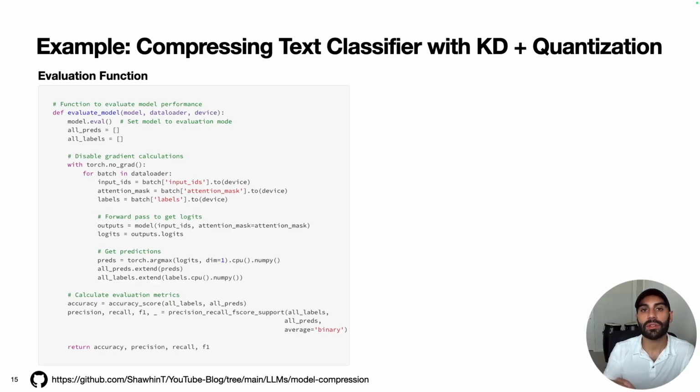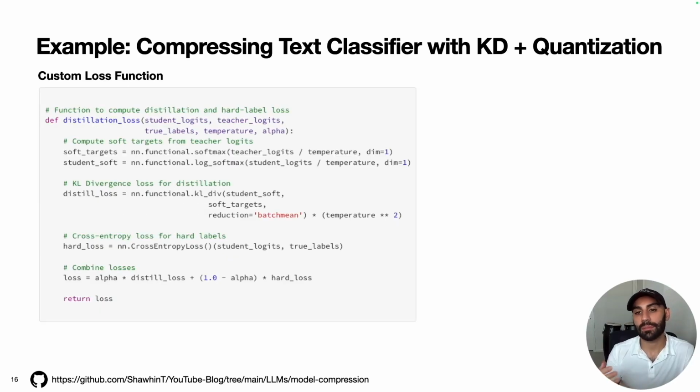So in order to turn this into a binary classification, in other words, the URL is phishing or is not phishing, we can take the argmax of this logits variable, and then that'll be our prediction. And then we can append the predictions and the ground truth label to these lists we initialized earlier. Once we do that for all the batches, we can compute the accuracy, precision, recall, and F1 score for all the data in one go.